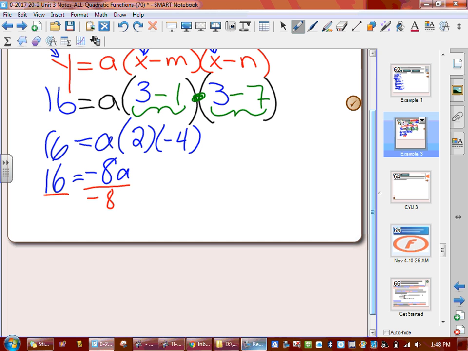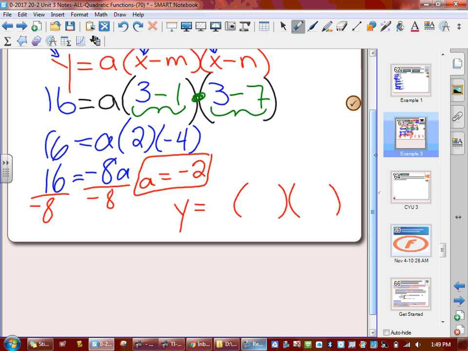So now we put it back into our equation. But it wants general form. So we're going to have to FOIL here in a moment. So the equation was factored form to begin with. This one right here. So a is negative 2. I put it where the a goes. I have my x's back as x's. I put my x-intercepts back where they go.